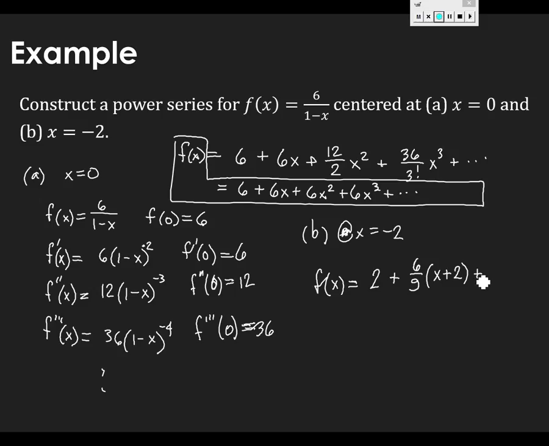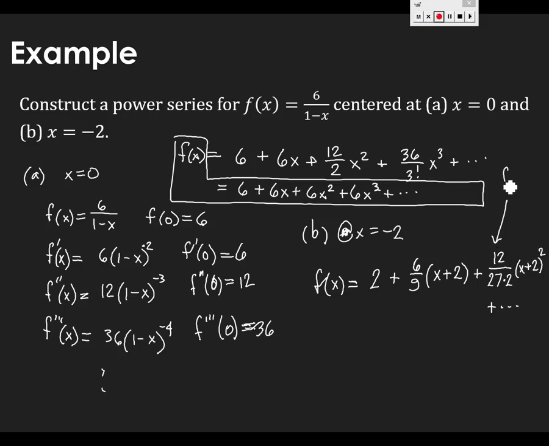But let's do another term here too. We're always going to get 6 over, it looks like, now 12 over 27 times 2, times x plus 2 squared, plus some other things here. Do you see where I got all these things? Let me make sure I'm clear about that.